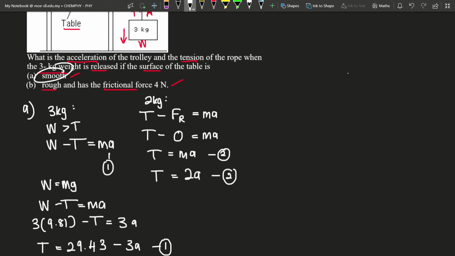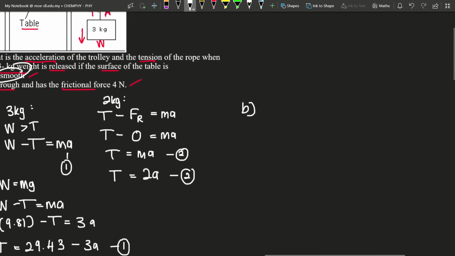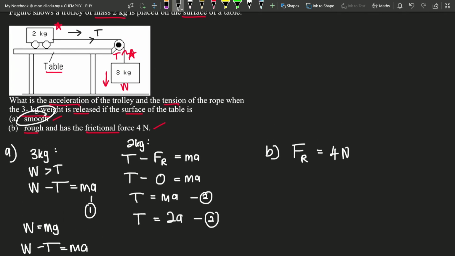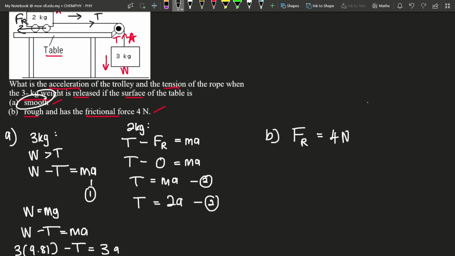So untuk soalan B, dia kata cari pecutan dan tegangan kalau permukaan rough. Rough tu dia ada daya geseran, frictional force, which is equal to 4 Newton. So you tahu frictional force, dia adalah ke sini. This is your FR. Dia akan menentang pergerakan objek 2 kg. So, sama juga first step, cari dua persamaan, find two equation.